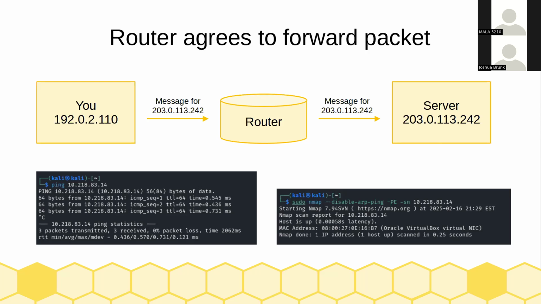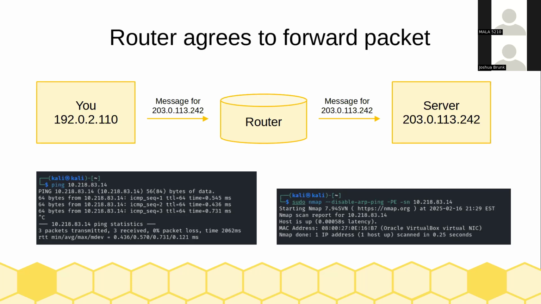Now, on the left here is an example of the command ping. Sorry if the text is a little small. I didn't realize. I hope you can see it in the back, but if not, I'll post these slides. Ping is a command usually used to debug network connections.